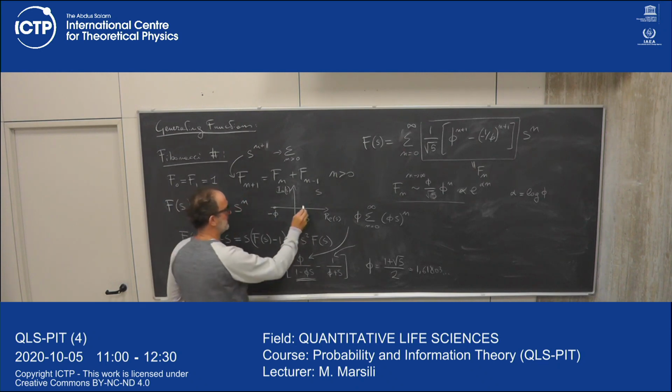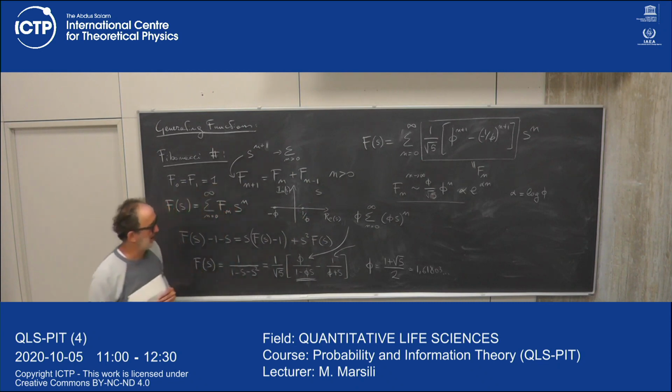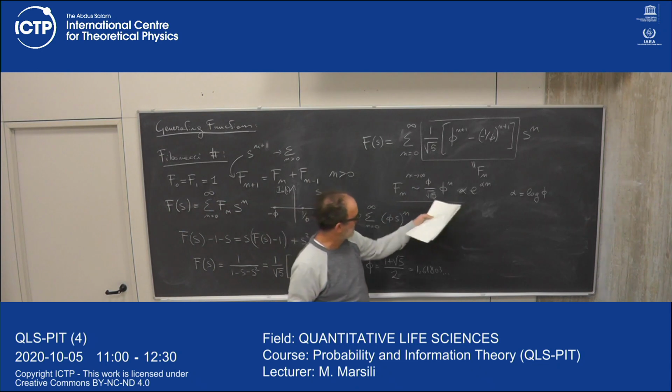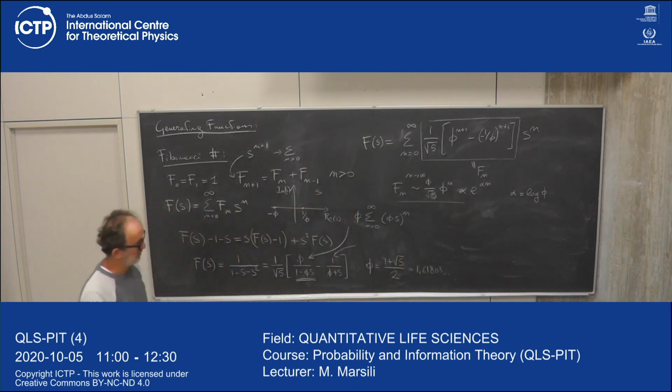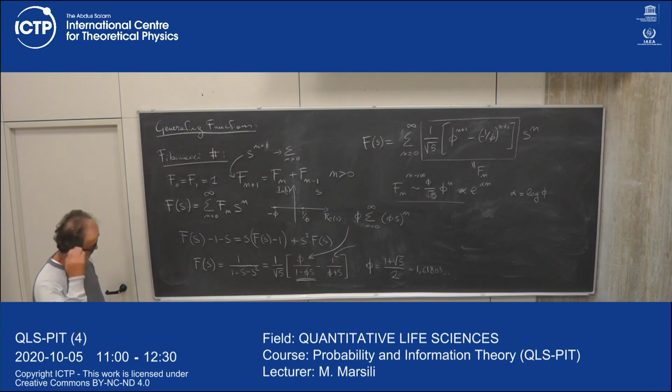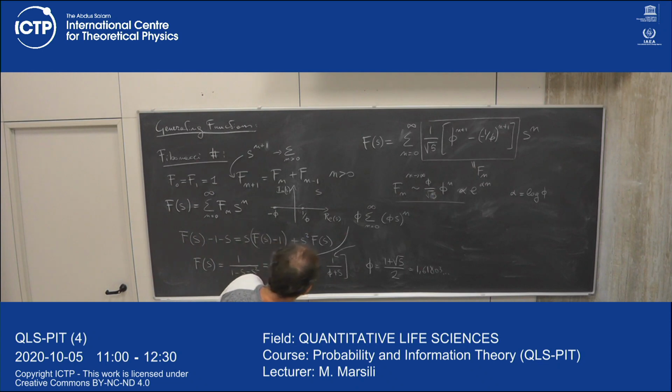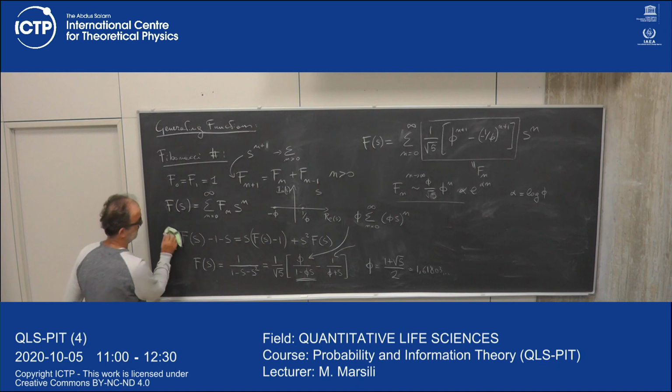Okay, and it is this singularity here that only determines the leading asymptotic behavior. So what we are going to do next is to show that this is actually true in general.